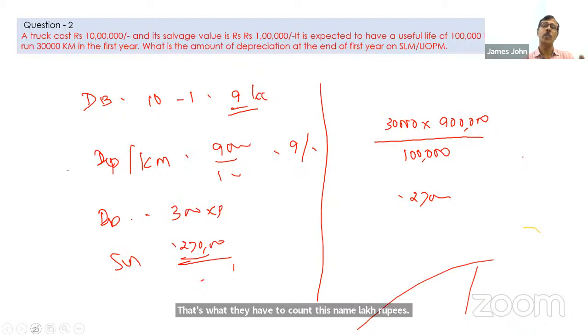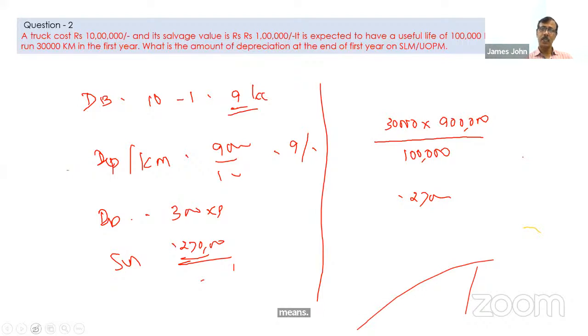So what is per kilometer? What is the amount to be depreciated? 9 lakh by 1 lakh means 9 rupees. So per kilometer, 9 rupees is the depreciation we provided. First year, it had done 30,000 kilometers. So the depreciation for the first year is 30,000 into 9, 2,70,000. That is under straight line method.